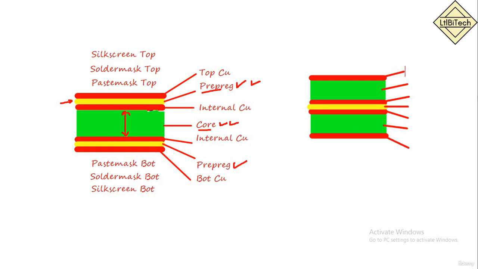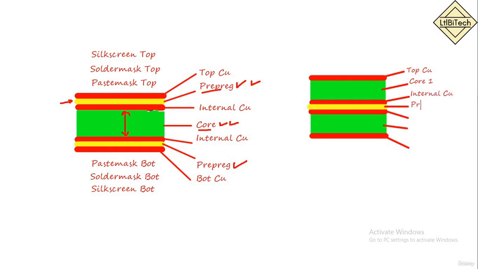So we can rename it. This is the top copper, and the second one is core 1, and the third one is the second copper, we can say the internal layer copper.